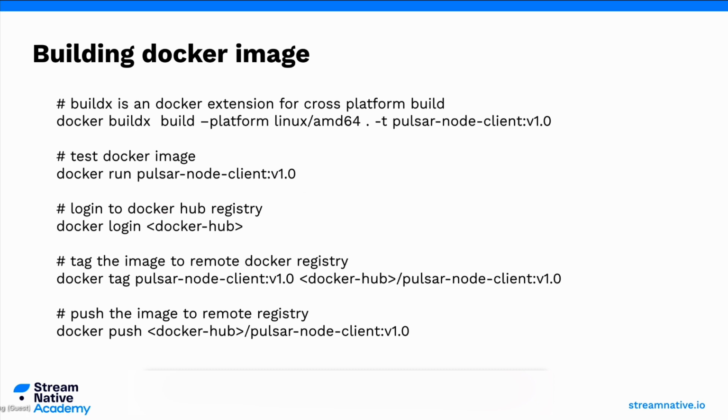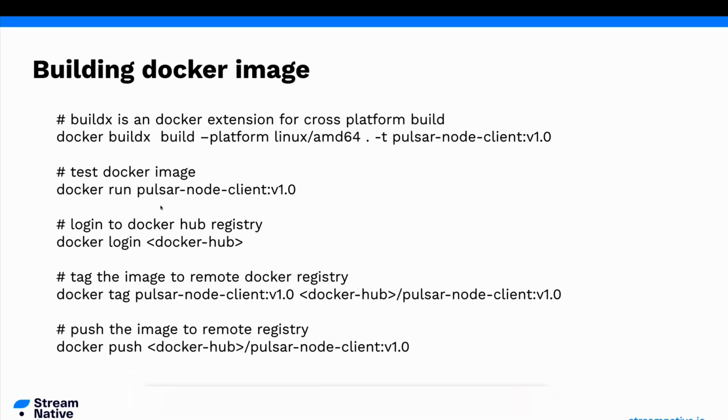If you want to run it in Kubernetes, you need to understand that Kubernetes mostly runs on Linux with AMD64 architecture. So if you want to build a Docker image for Linux, you have to specify the platform as AMD64. This is the template for how to build it.